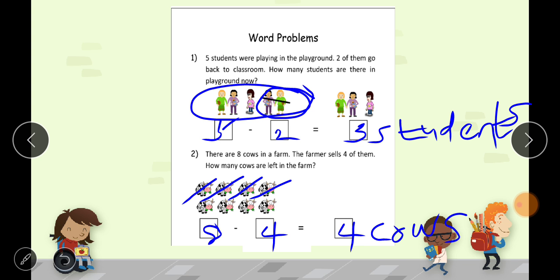Tell stories around numbers and work with subtraction and see how it goes. Let your teachers know if you're having any issues.